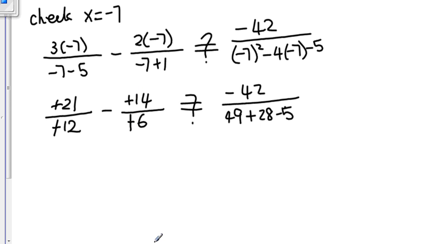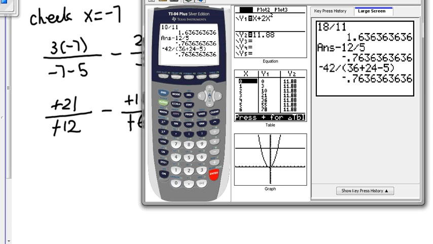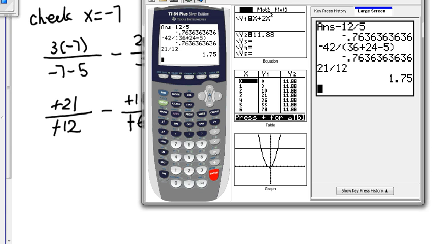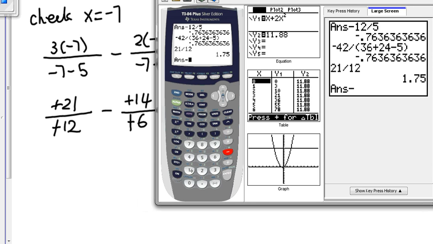So let's pull out the calculator and test what's on the left hand side. So left hand side is 21 over 12 minus, now here we go, 14 over 6.